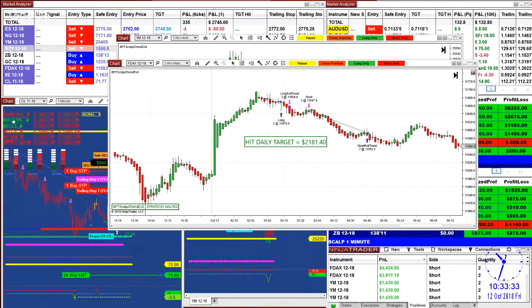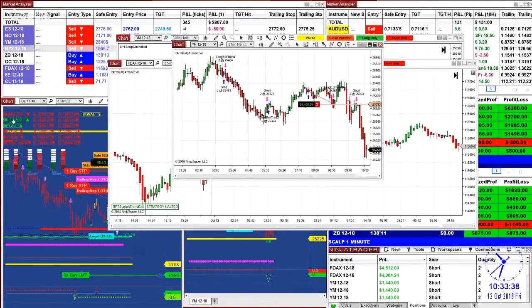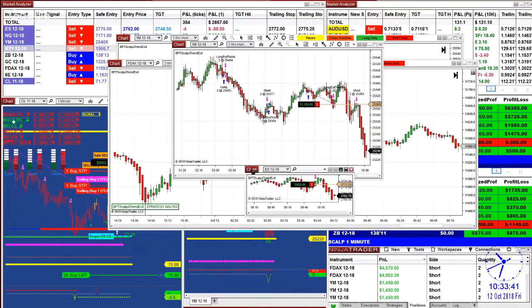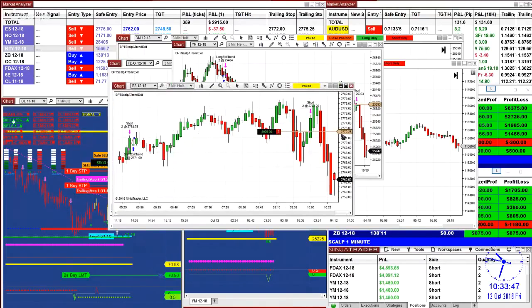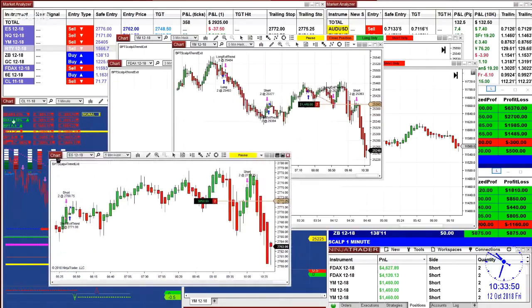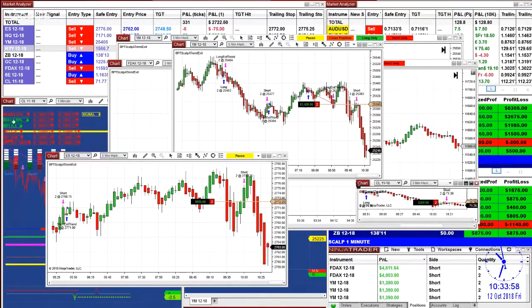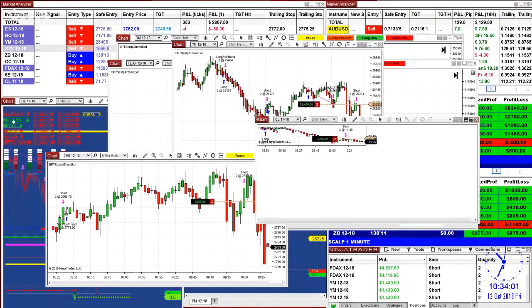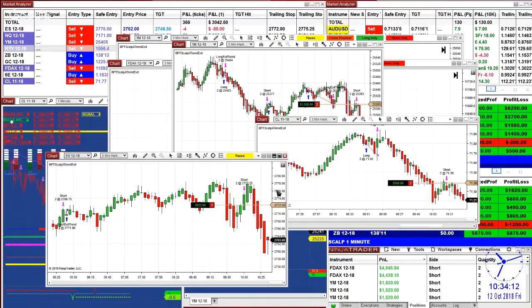And on the 5 minutes, this is the YM trade on the 5 minutes, and on the ES, this is the 5 minutes. On the Nasdaq, this is the 3 minutes on the CL. So they are still in the trades.